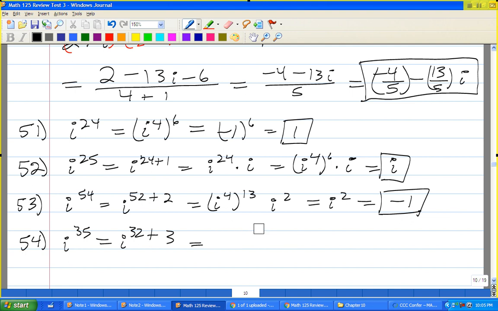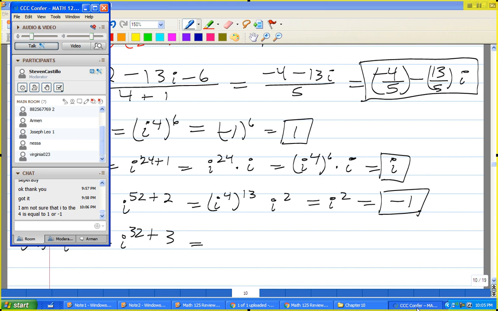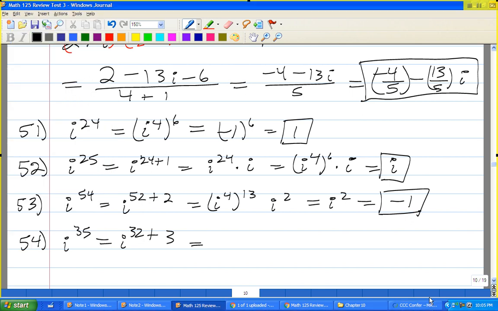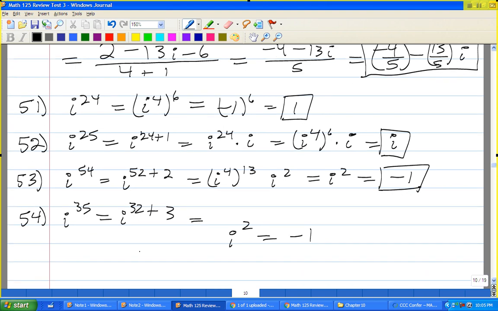So i squared is -1. Therefore, i to the fourth, which is i squared times i squared, -1 times -1 is a +1. So i to the fourth power is 1. But i squared is -1.